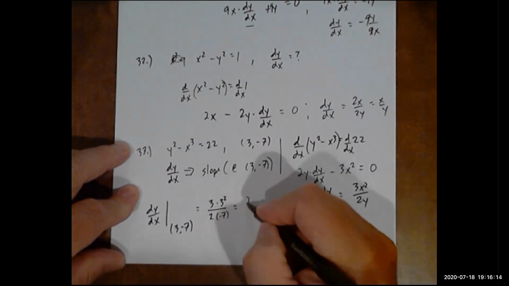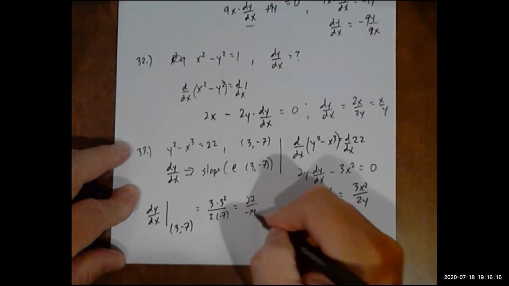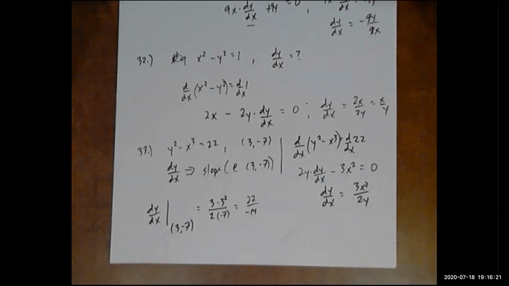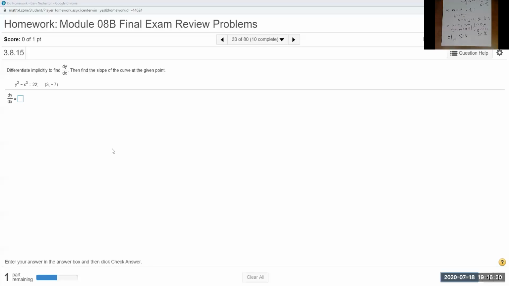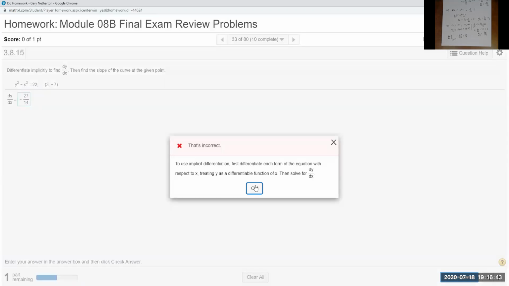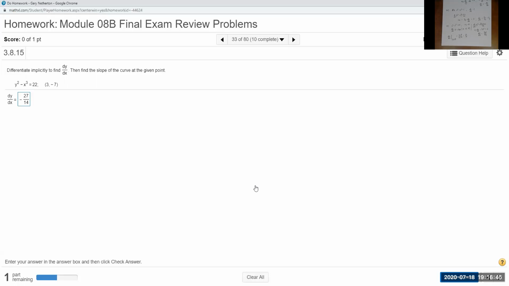This is 27 over -14. Not real pretty, but unless I messed up, I think that might be the answer, hopefully. -27 over 14. Ha! I'm not totally surprised.